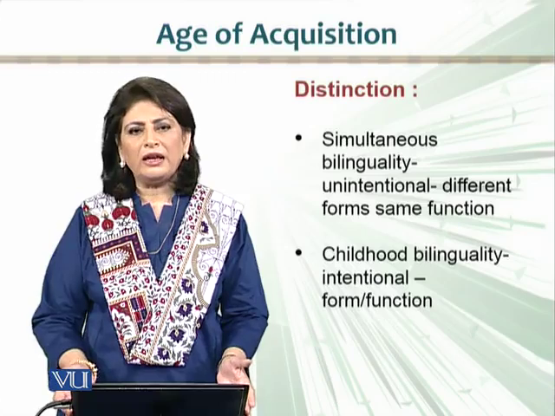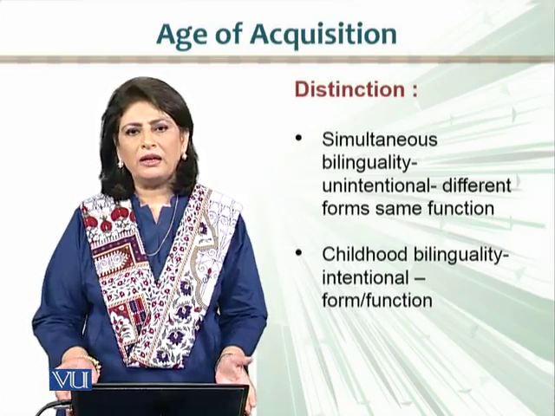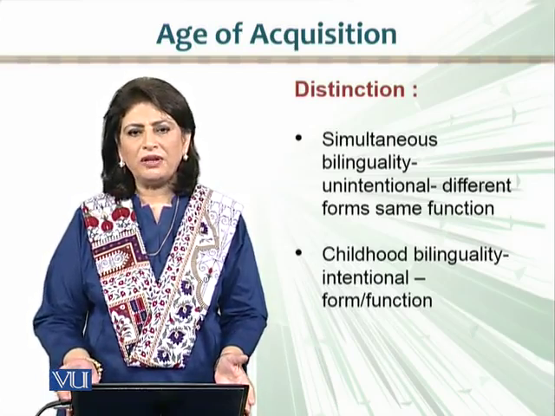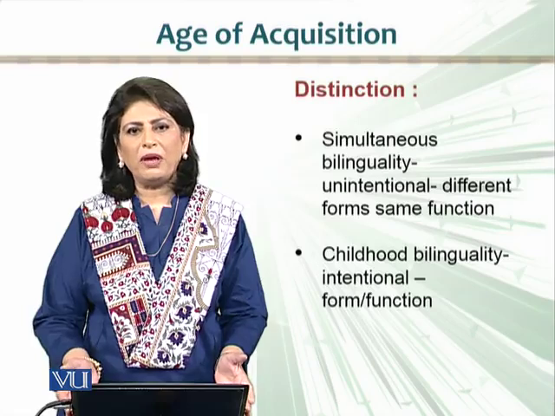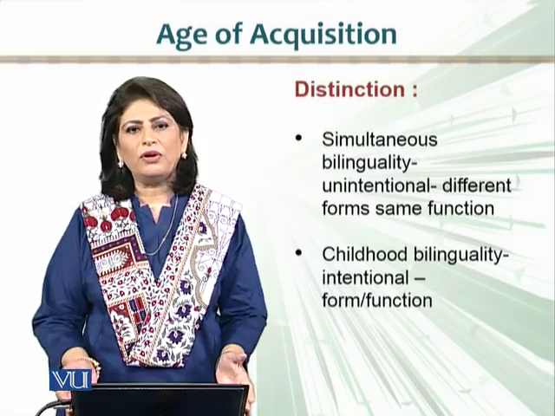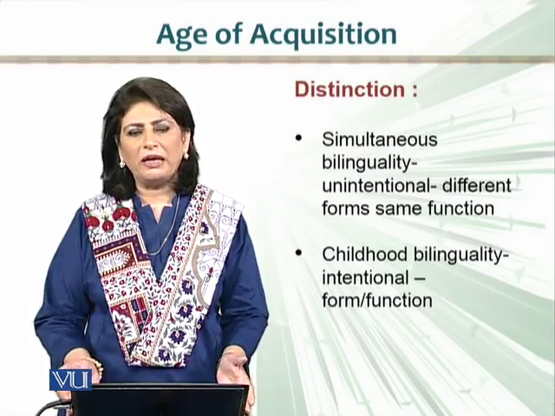In any case, in such a context, there is a likelihood that there would be a slight difference in the mapping of form and function. That is, the child would be more of a coordinate bilingual rather than a compound bilingual.